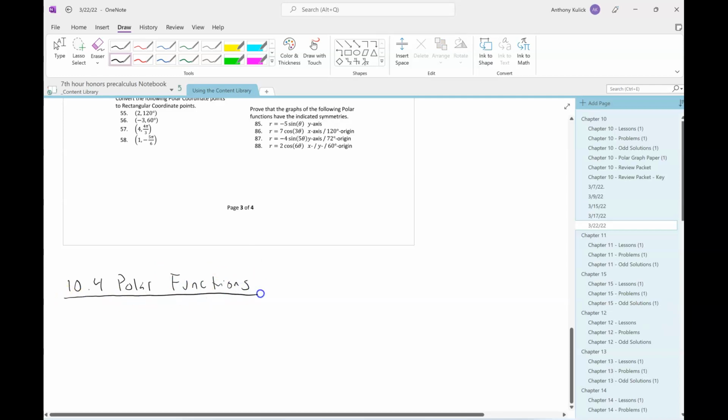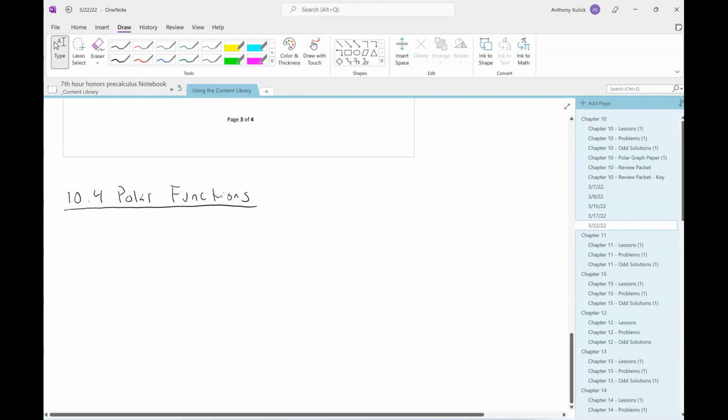In section 10.4, we're going to talk about polar functions in general. One of the nice things about polar functions here, last time we talked about the polar coordinate system and converting back and forth between polar coordinates and rectangular coordinates. Well, it turns out the conversions from polar functions to rectangular functions are the same.